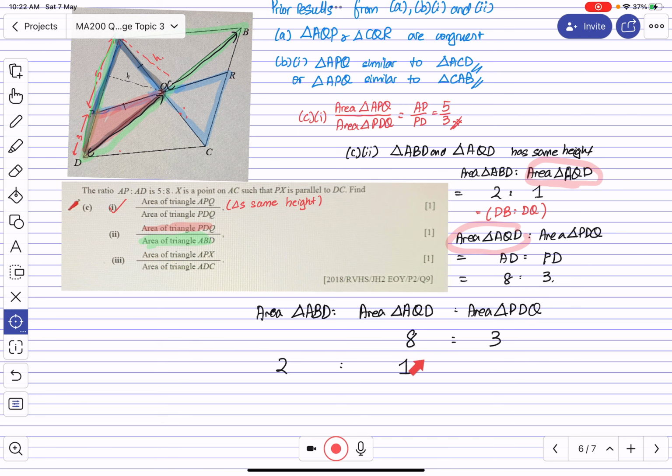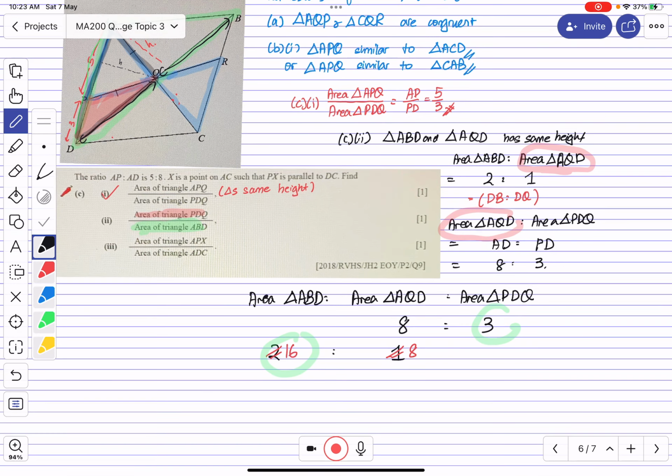This is 8, this is 1. If I can ensure that these two are the same, then I can compare ABD to PDQ. So I'm going to multiply this by 8 and get 8:16. If I can make AQD the same unit on both sides, then this is a good comparison for me to compare ABD and PDQ. So with that, ABD compared to PDQ is 16:3.